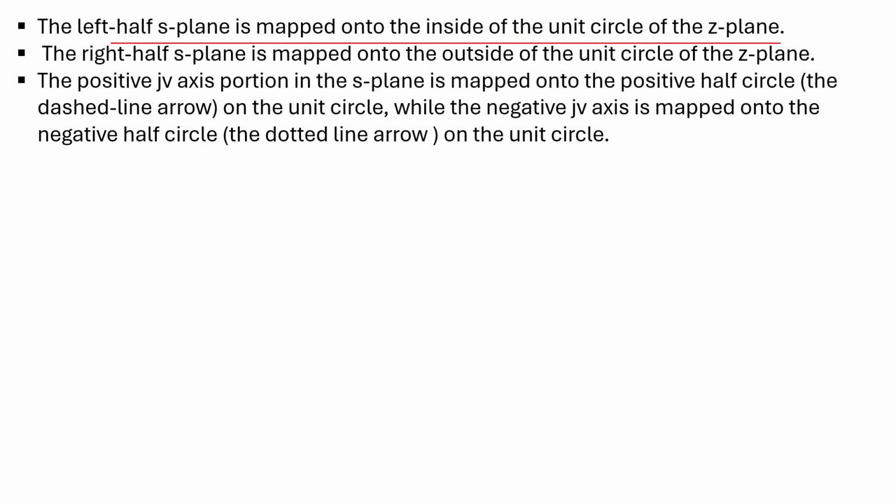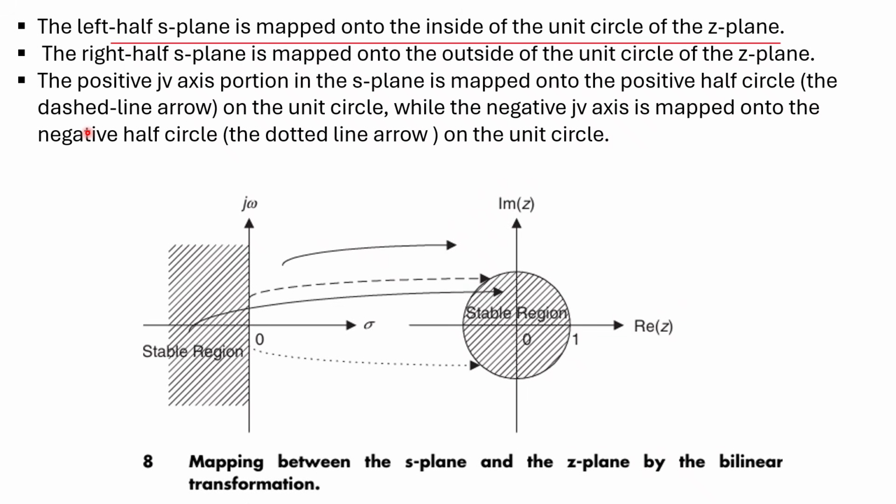So let's see here. The left half of the S plane is mapped into the inside of the unit circle of the Z plane, right? This one is in the S domain, that is the Laplace S domain, the analog domain, and this is the Z transform, in the discrete domain.